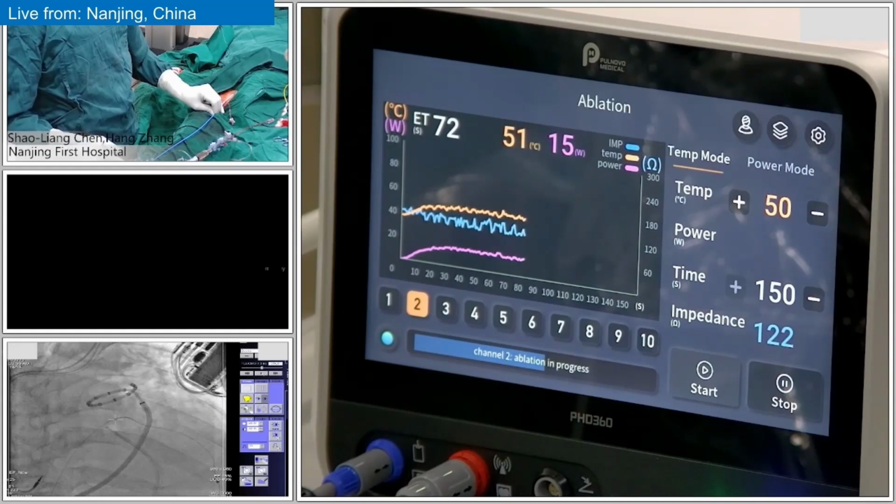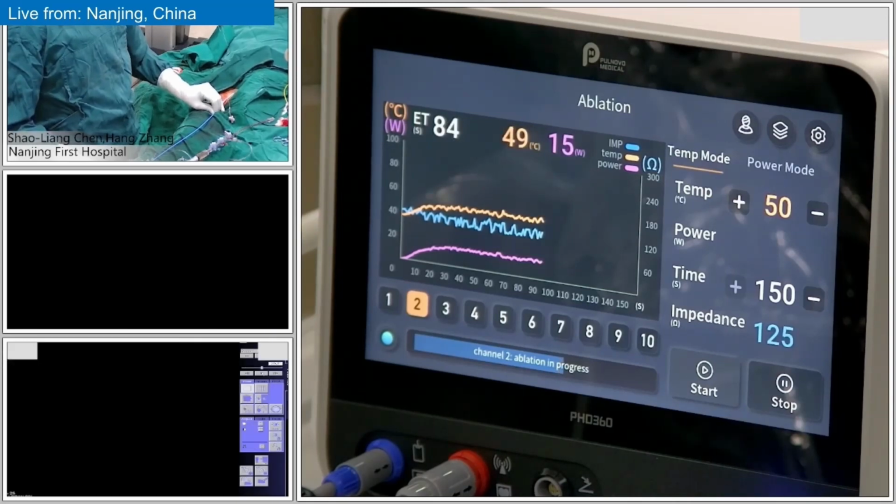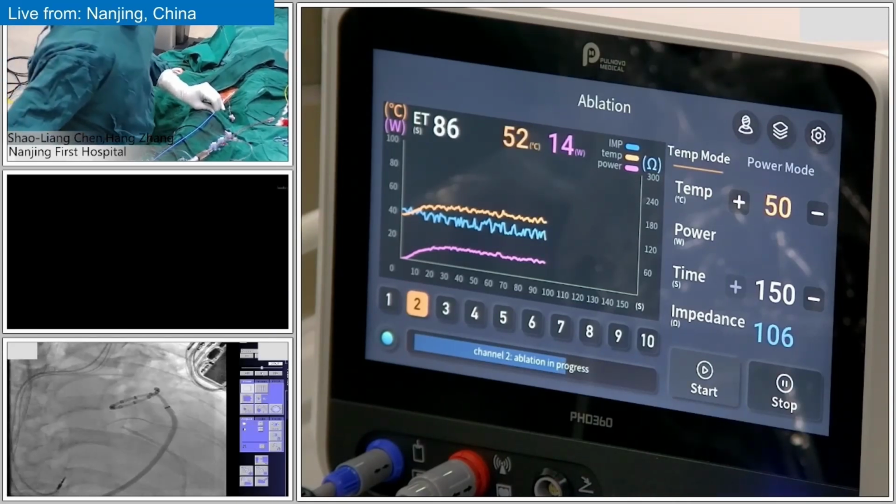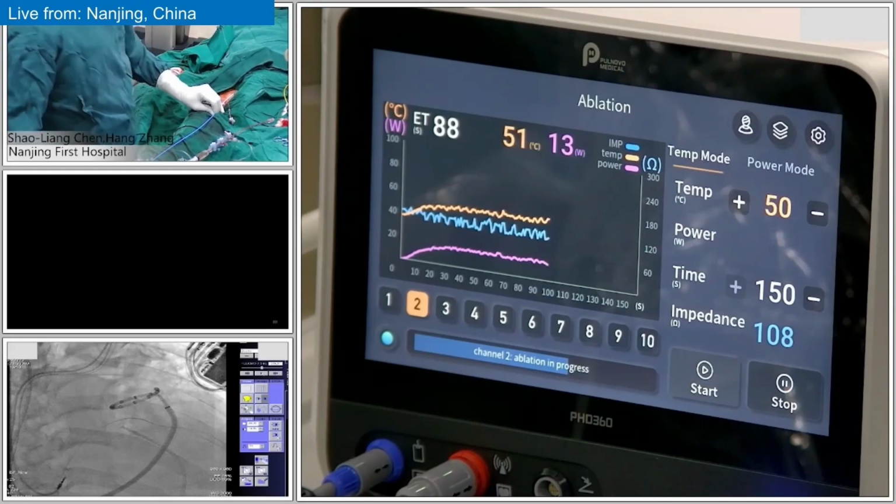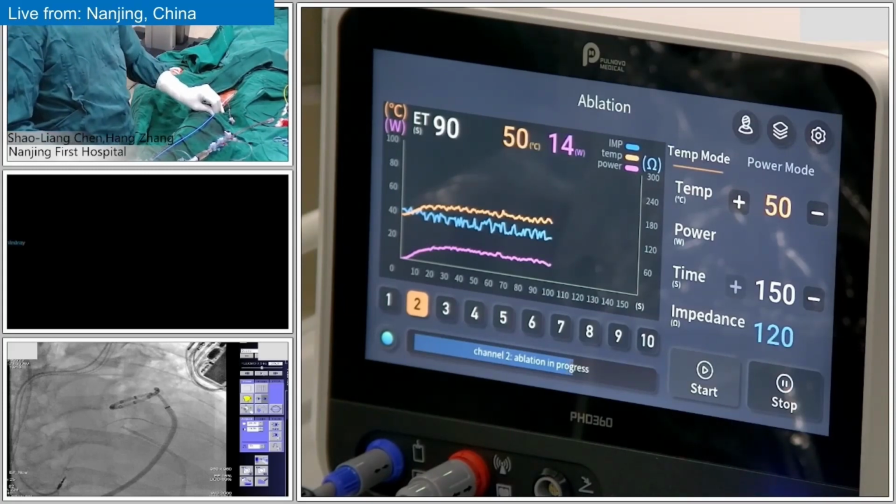Now the effective ablation time is 75 seconds. How do we define the effective time for ablation, Dr. Zhang Hang? 150 seconds. Usually we calculate the effective ablation time from the timing point when the local temperature is greater than 50.